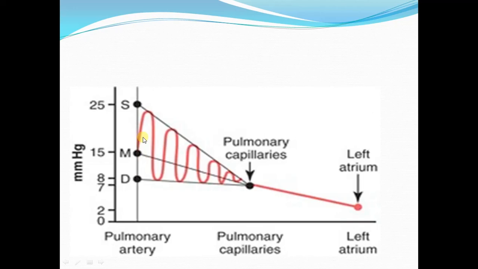As the pulmonary artery branches into smaller arteries, the pressure decreases, and in pulmonary capillaries, the pressure is 7 millimeter of mercury. This pressure further decreases in the venous system, so that in the pulmonary veins and in the left atrium, the average pressure is 2 millimeter of mercury.